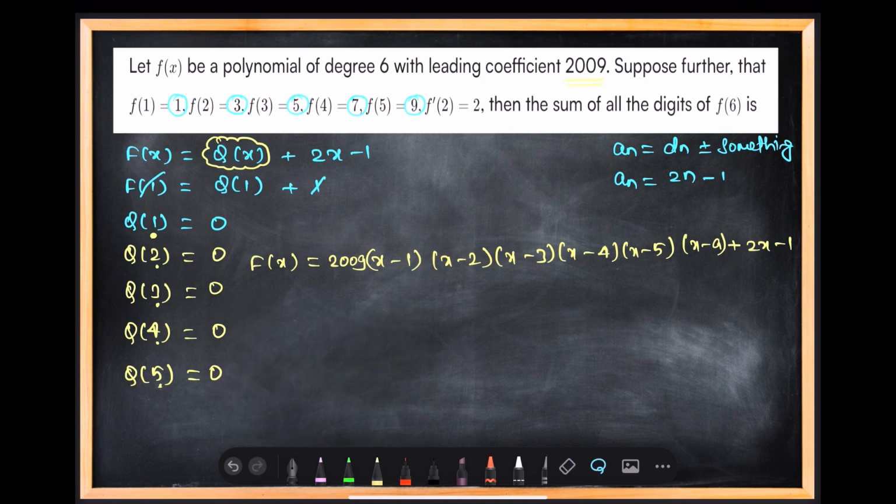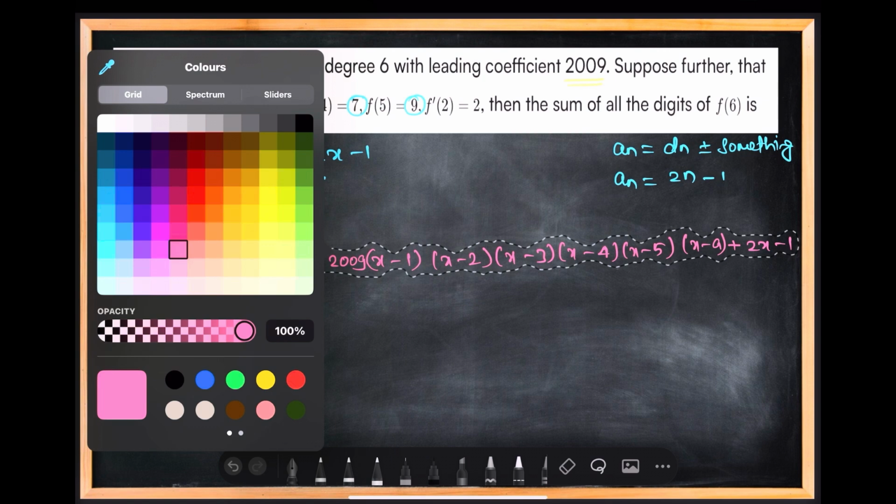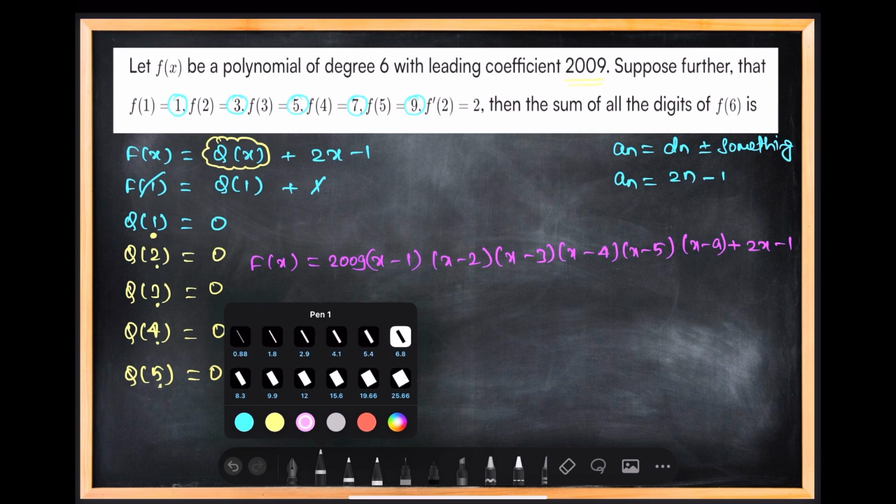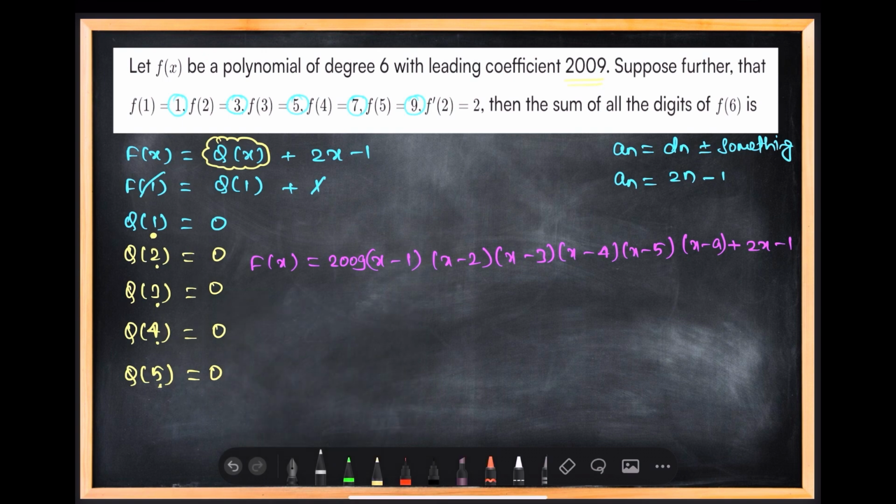I'll change the color because it is overlapping. Yes, so we got our f of x done. Now my point is, you guys need to calculate who is a. Then only you can find out who is the proper f of x.